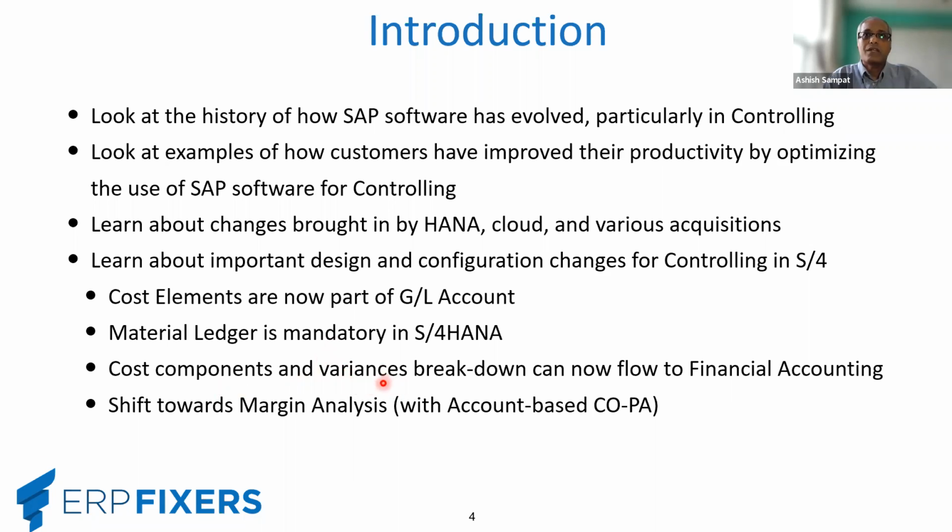So that's a big change from an S/4HANA point of view. And how SAP has shifted towards margin analysis instead of the traditional costing-based COPA while using the account-based COPA. Okay. So let's move on to the next slide.